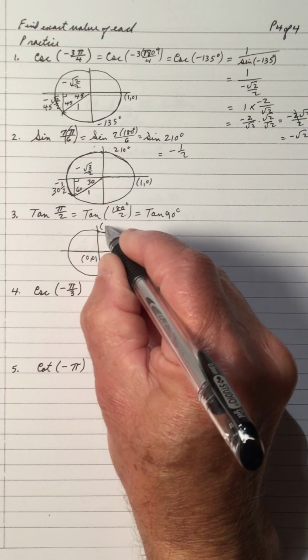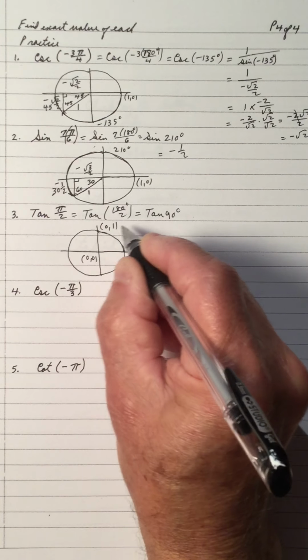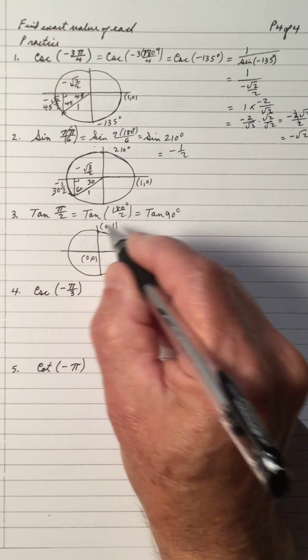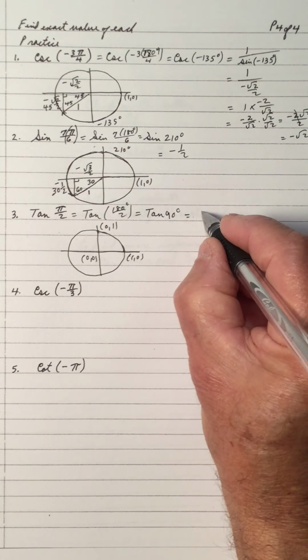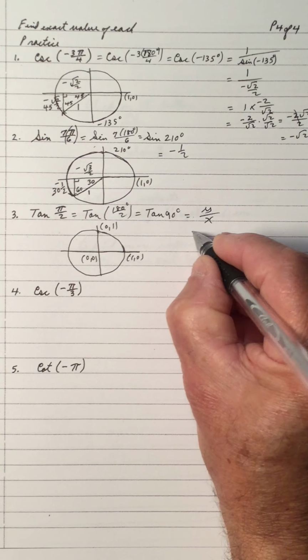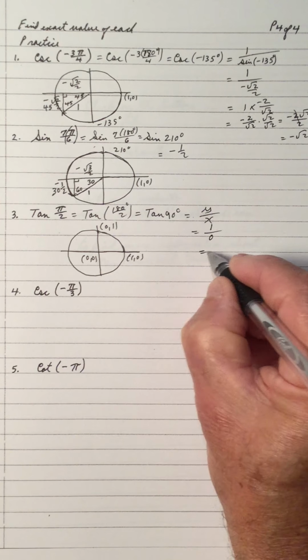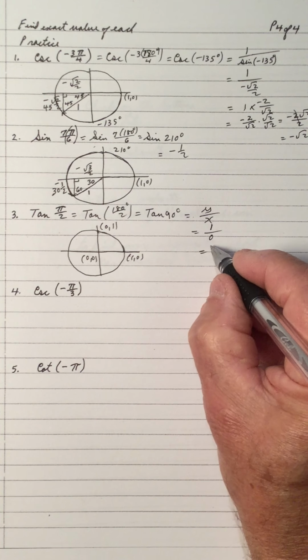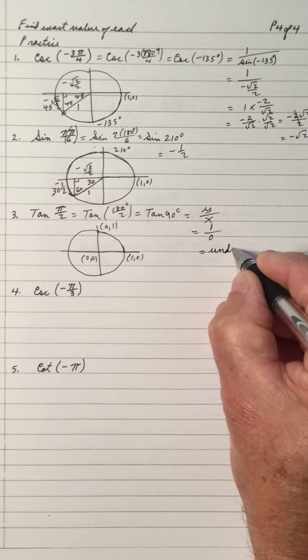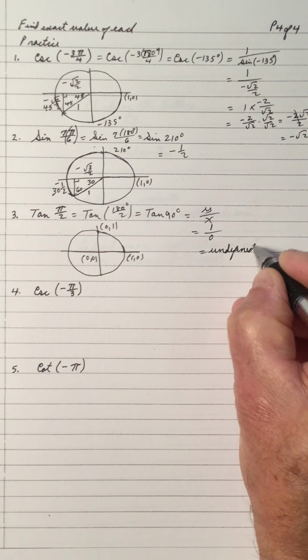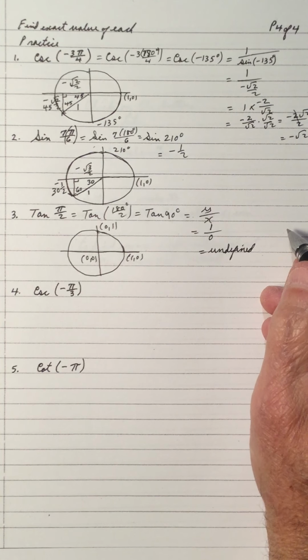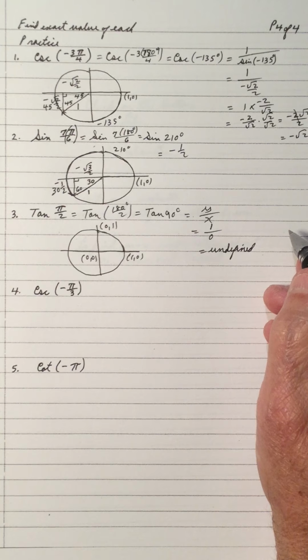So x is 0, y is 1. So there's the 90 degrees. Tan is the y over the x, and the y is 1, and the x is 0. So 1 divided by 0 is undefined. Tan is undefined for a 90 degree rotation.